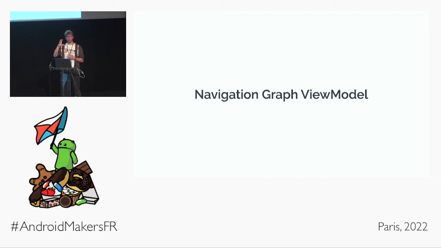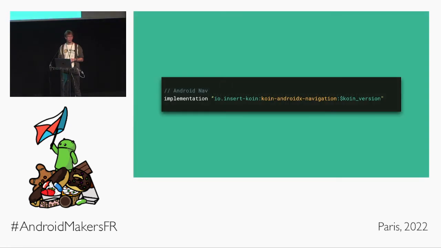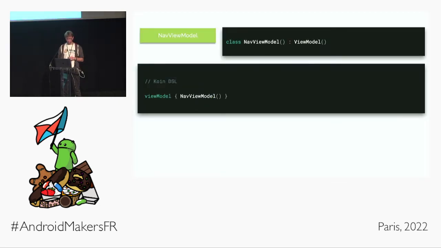The other view model kind that you may want to use is the navigation graph that is really stored in a dedicated way, and we have a dedicated project for that, Koin Navigation. What we have here is your navigation view model. That means it will be a view model that is tied to your navigation graph. And then you can observe things along all the navigation, along all your views, and you can play with your view model.